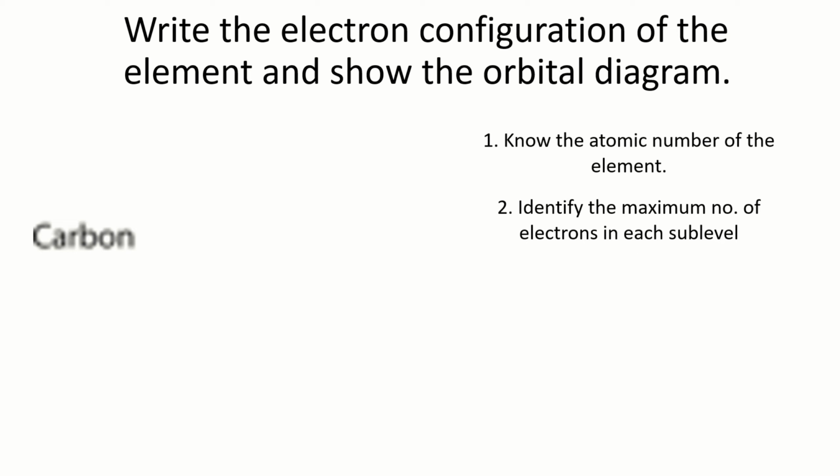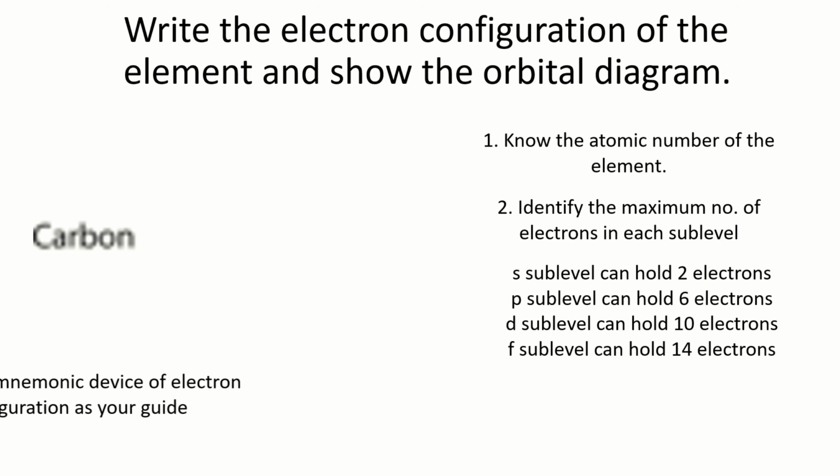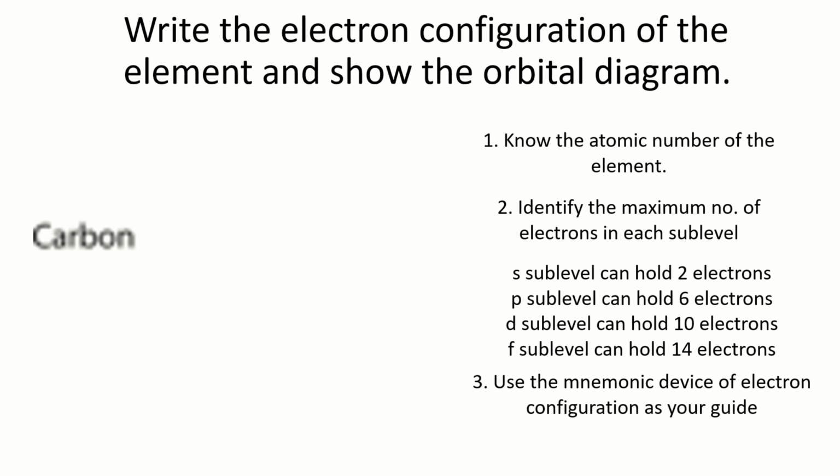And the third step is to use the mnemonic device of electron configuration as your guide. You may pause this video for a while and try to write the electron configuration in your paper. Then if you're done, just play this video again.